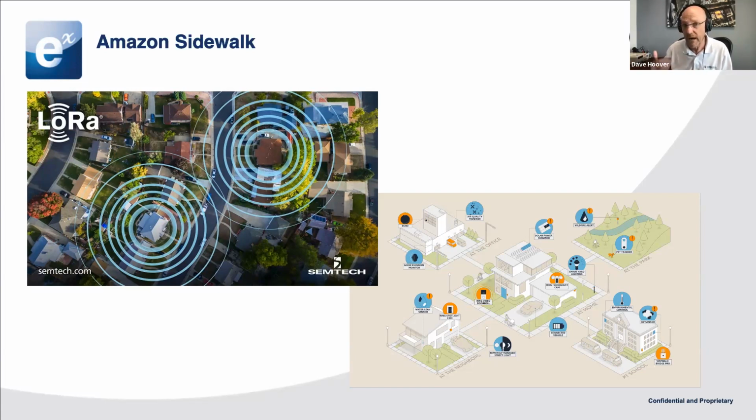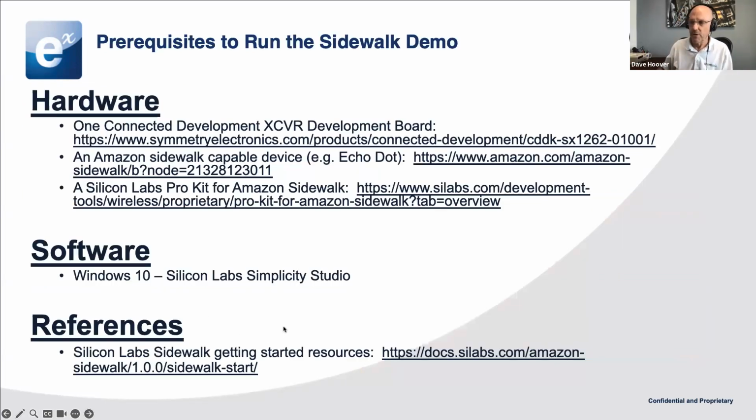So how does everything I just talked about work with Amazon and Sidewalk? We've got a Sidewalk demonstration that's working, and I'm going to shift gears over here to Silicon Labs. Silicon Labs has got some fabulous demonstrations and a lot of resources. Nordic has kind of the same thing, but for right now, I'll target Silicon Labs in terms of this discussion, that they've got Sidewalk demonstrations.